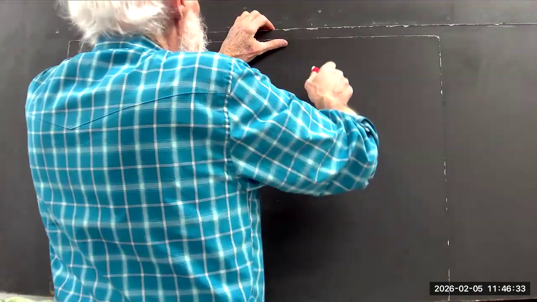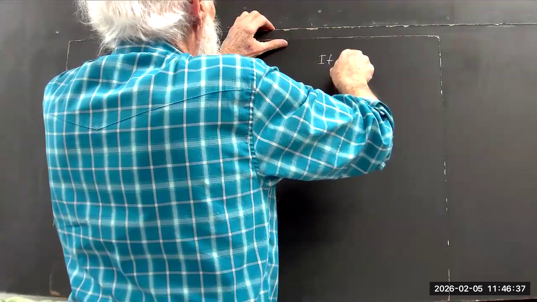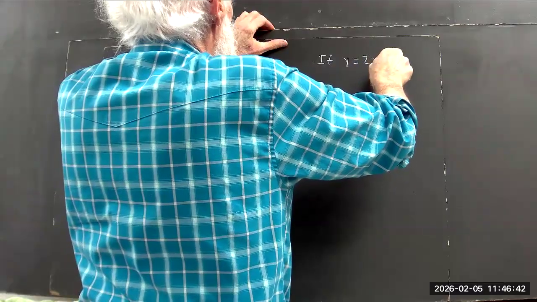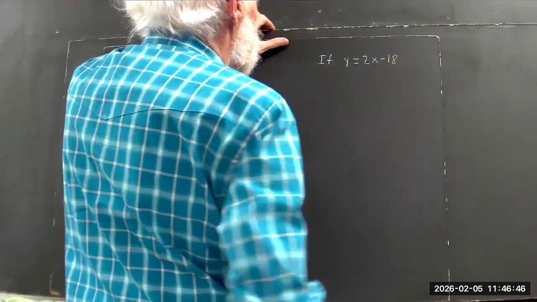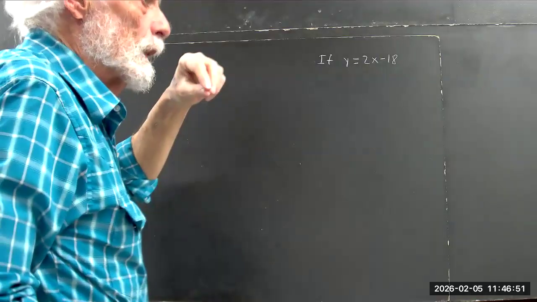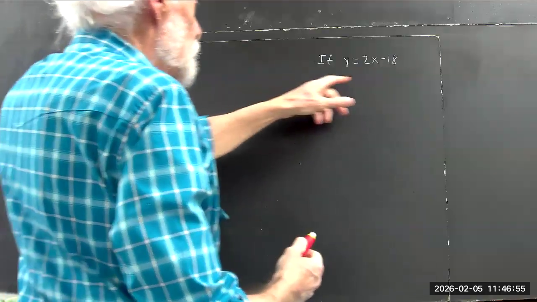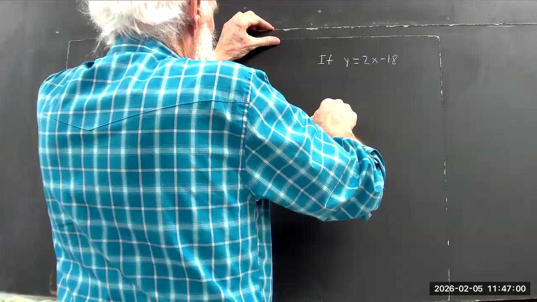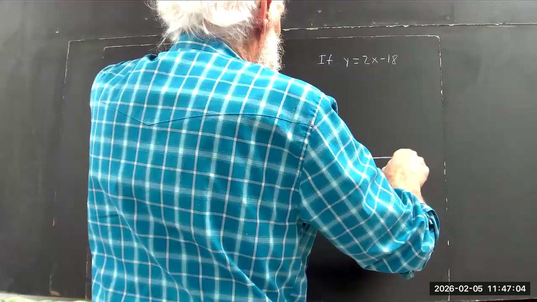Let's consider the equation y equals 2x minus 18. Let's see what we can determine about the graph of this equation. Now, let's draw a y-axis, and I'm going to draw an x-axis.